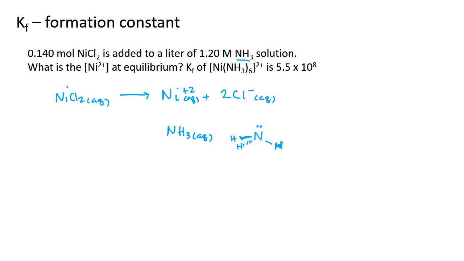When we have these things in the solution, this lone pair of electrons acts as a Lewis base and goes out and finds, or is attracted to, the positive charge of the nickel, or the Lewis acid. Here chloride doesn't do anything in the reaction, so this is going to be the spectator ion.